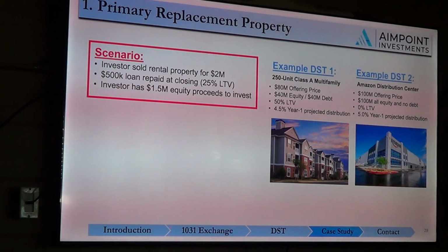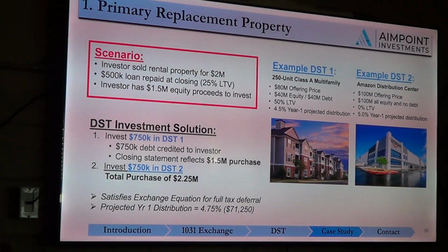We're ignoring cost of sale here, all right? We're going to assume a very efficient sale. So they want to use this as a primary replacement option. So what can we do in this scenario? Well, we can simply just fracture that $1.5 million across the 2 DSTs. So in the first DST, we have 50% loan to value.